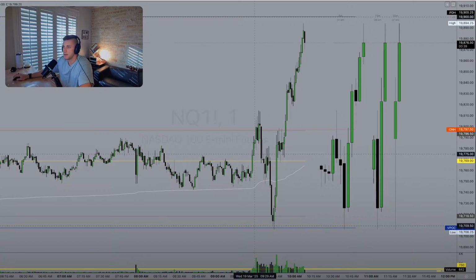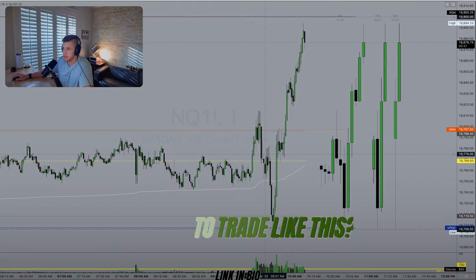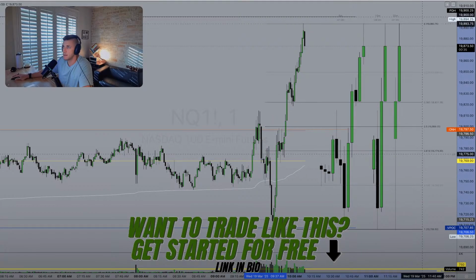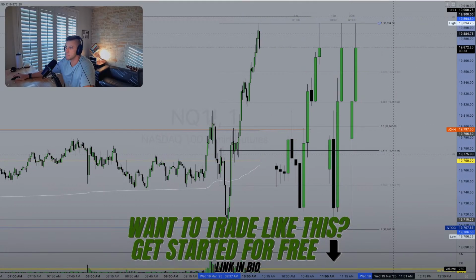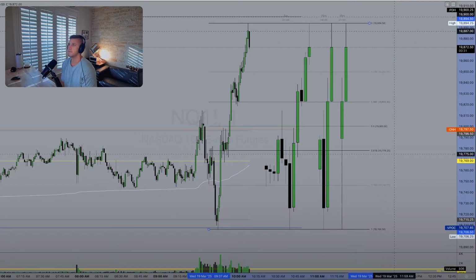Start to bring that intraday fib back onto the screen. Your 50% is way down there at the overnight high. 61% down there at 775. Yeah, there is that gap over 900.